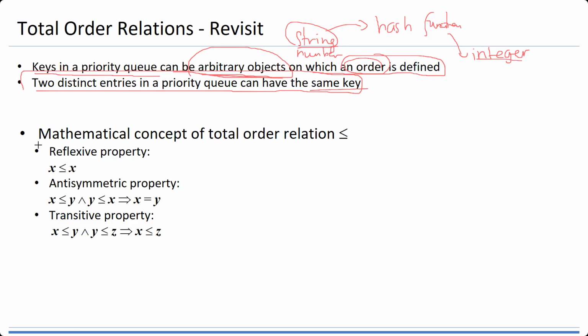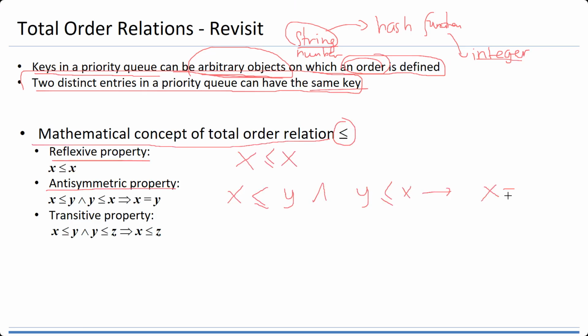So the mathematical concept for the total order relation, I think you still remember. We have the reflexive property, which means x is less than or equal to x. The antisymmetric property means if x is less than or equal to y and y is less than or equal to x, then x equals y.